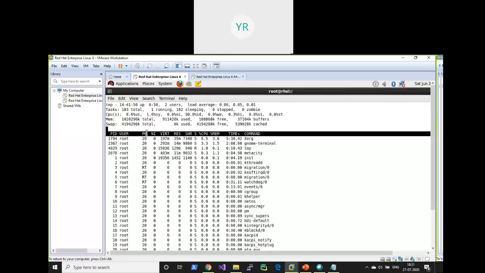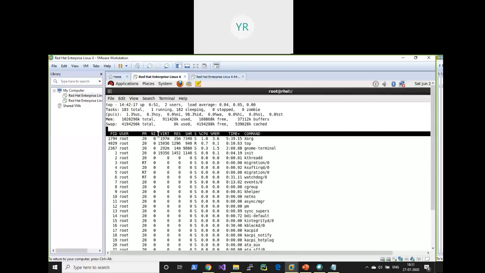PR is priority, the dynamic priority of your process, because the priority of the process may change based on whether it is sleeping or running, and the CPU will handle that. Next one is the nice value. This value we can set using the renice command. For a running process, you can set it here in the top command itself.